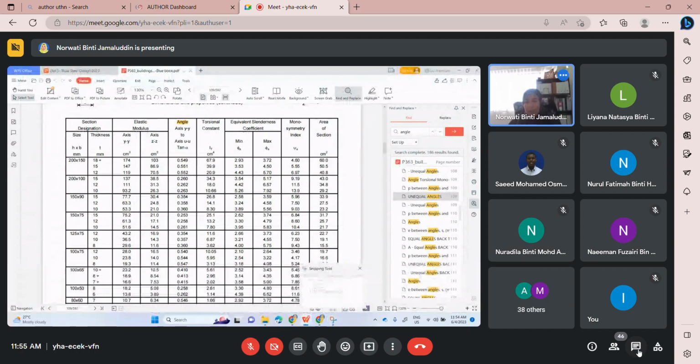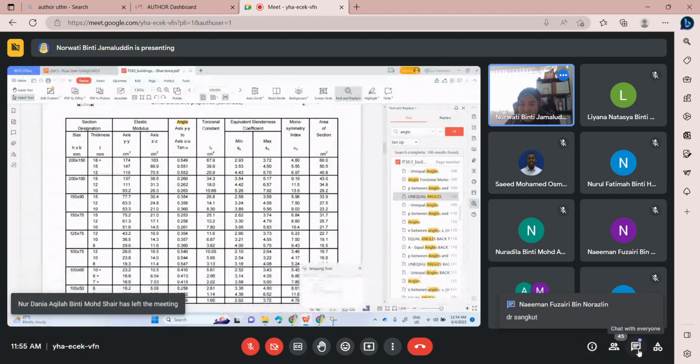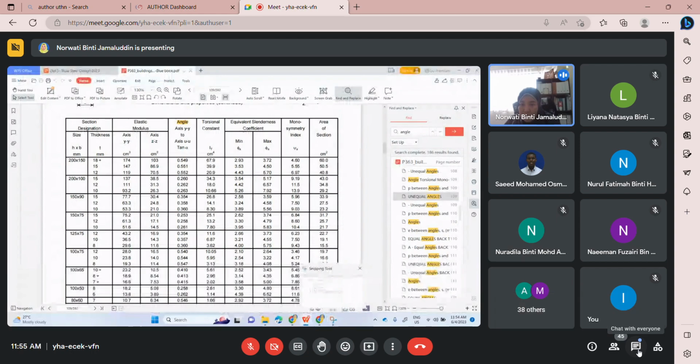Is it okay? This is our rafter here. This is our rafter. If I arrange my purlin, okay.